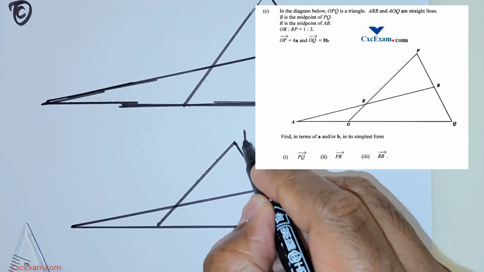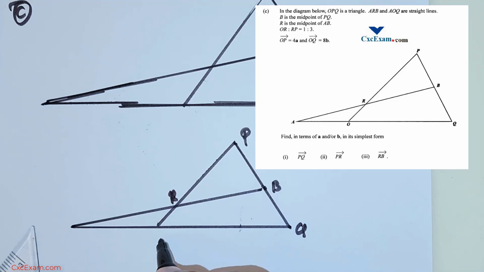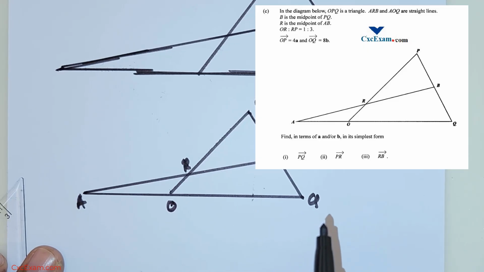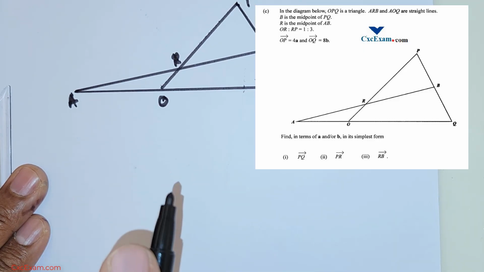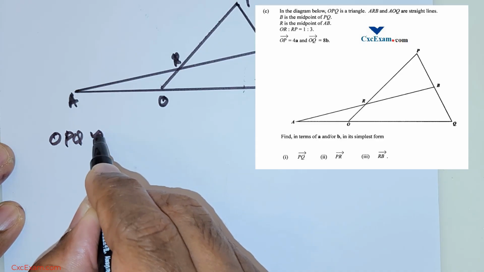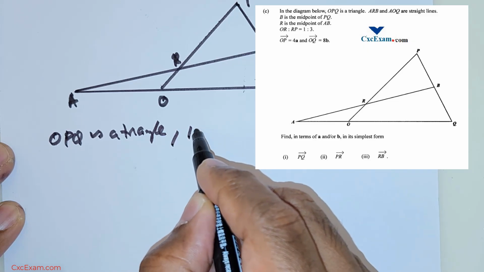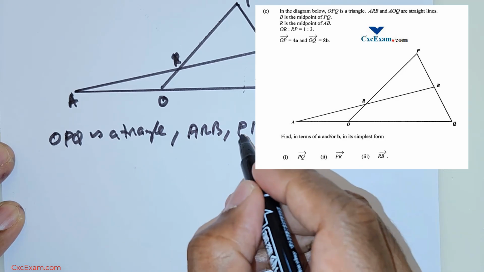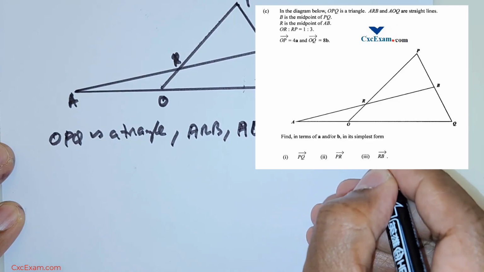Okay, this point is B, this is P, Q, this point is R, this is A, O. Okay, so we will use this figure. Now we're being given OPQ is a triangle, and ARB and AOQ are straight lines.